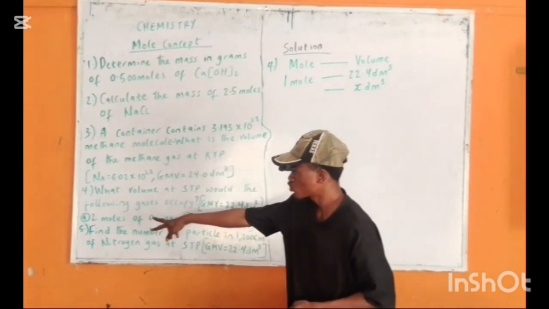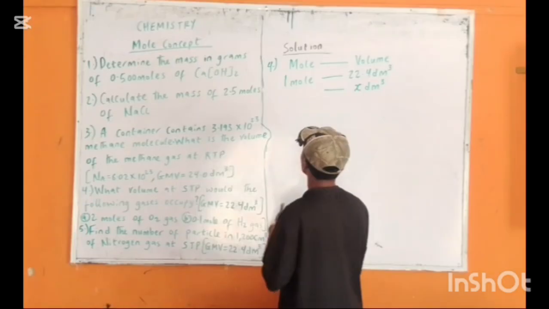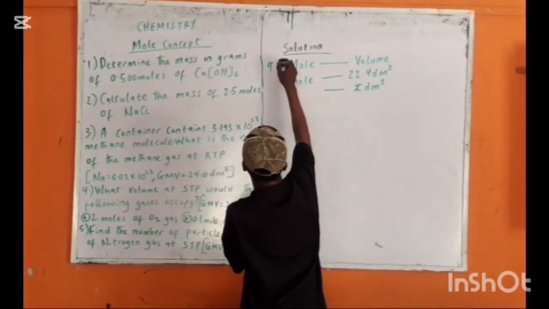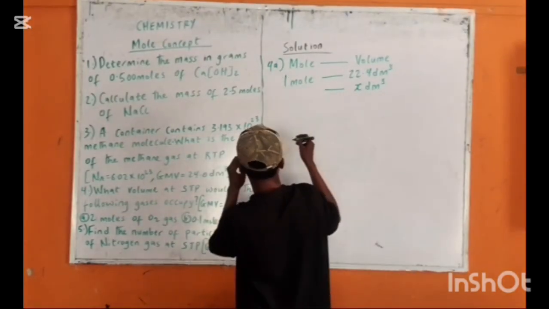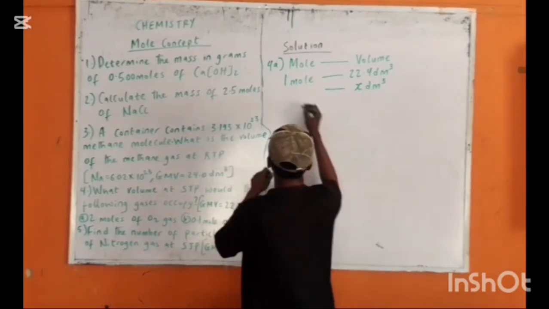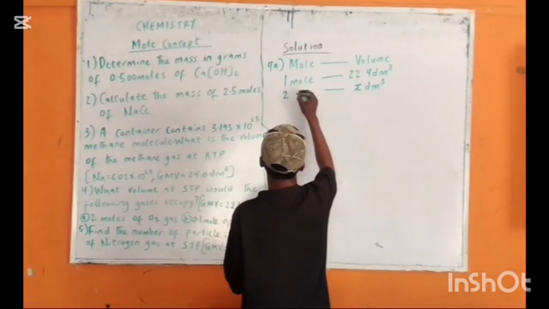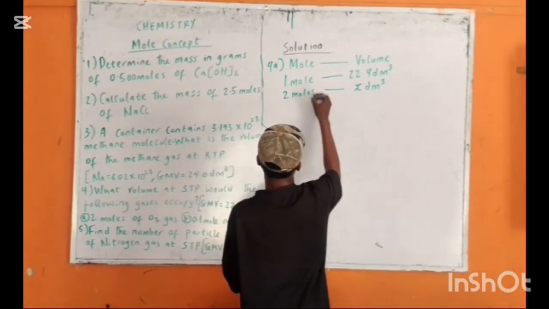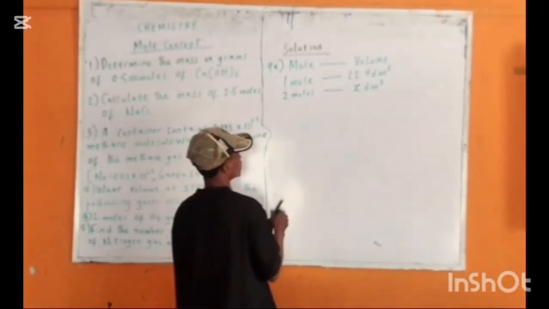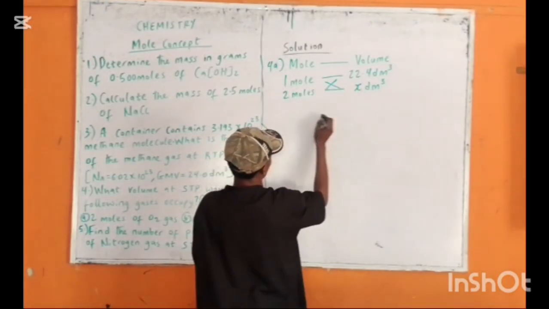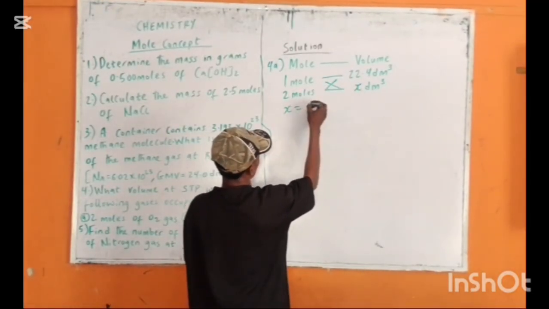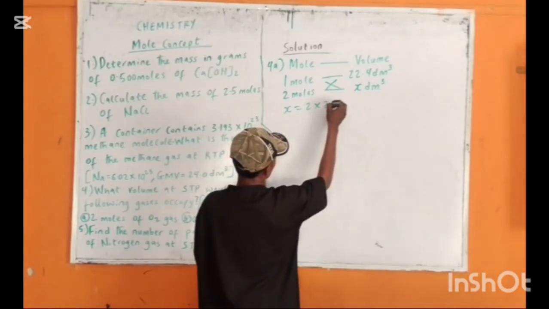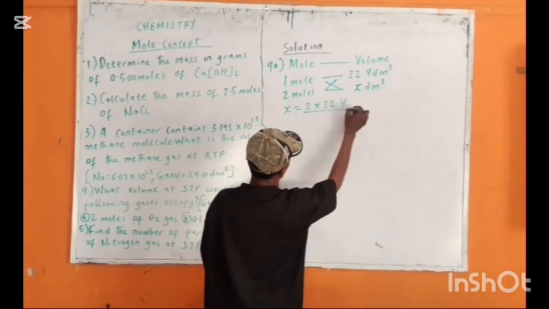A. 2 moles of oxygen gas. So we are solving for 4A, which is for oxygen gas. So we are having 2 moles. So what's the next thing here? Cross multiply. Our X equals 2 multiplied by 22.4 over 1.